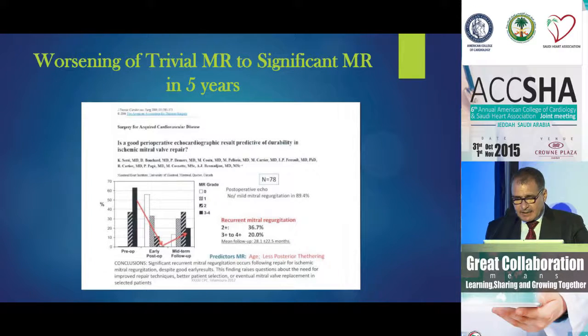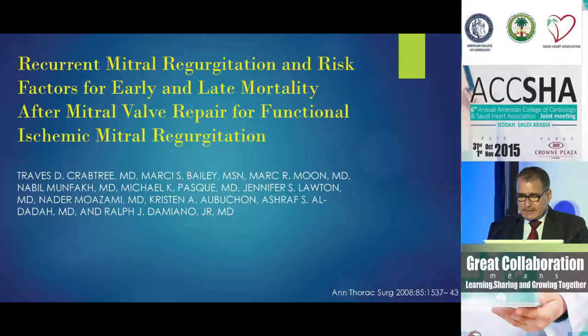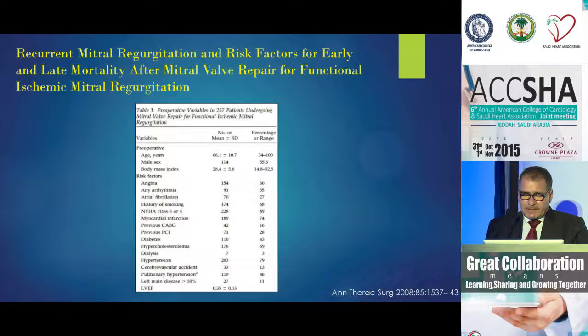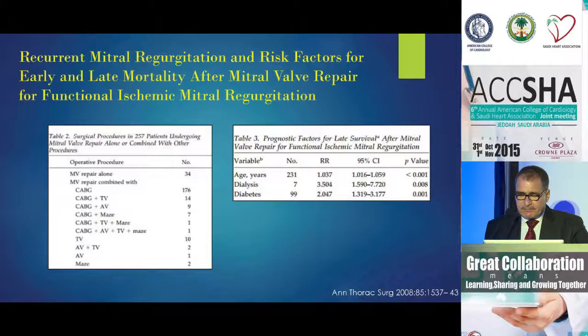Of course, in another study, if I have time I will show it to you, MR came back and became severe in ischemic functional MR within 2 years of surgery. So recurrent mitral regurgitation is known, and we have to admit that we don't really have the perfect technique right now to fix this problem.